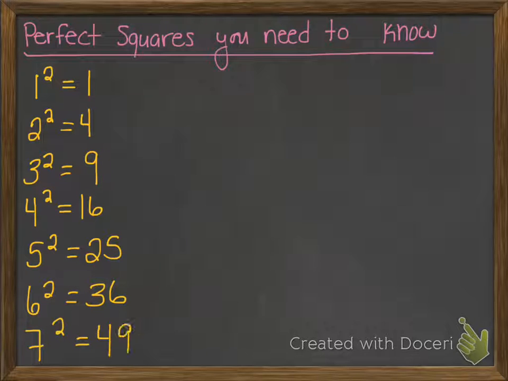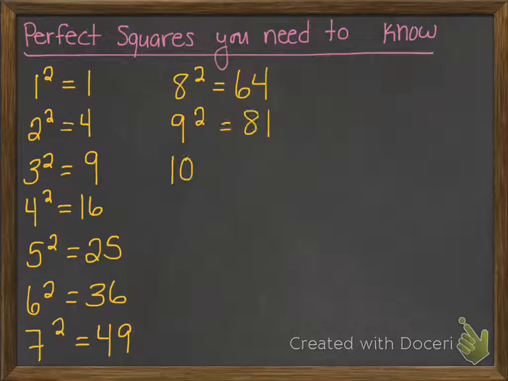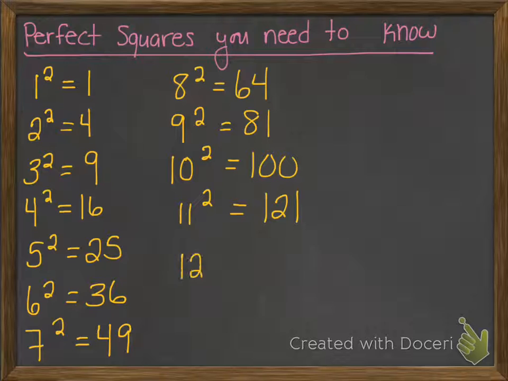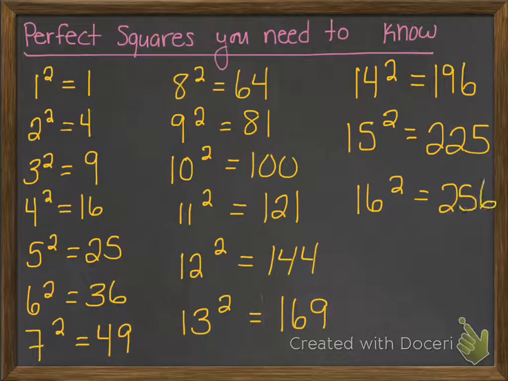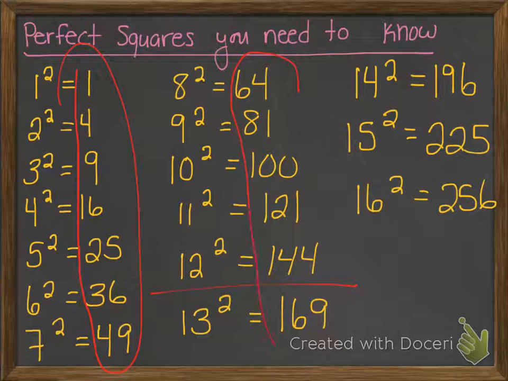What I would do if I were you is write down all the perfect squares that I don't know off the top of my head. If your elementary school is anything like mine, you would know up to 12 squared. Alright, my perfect squares here are 1, 4, 9, 16, 25, 36, 49, 64, all the way up to 256.